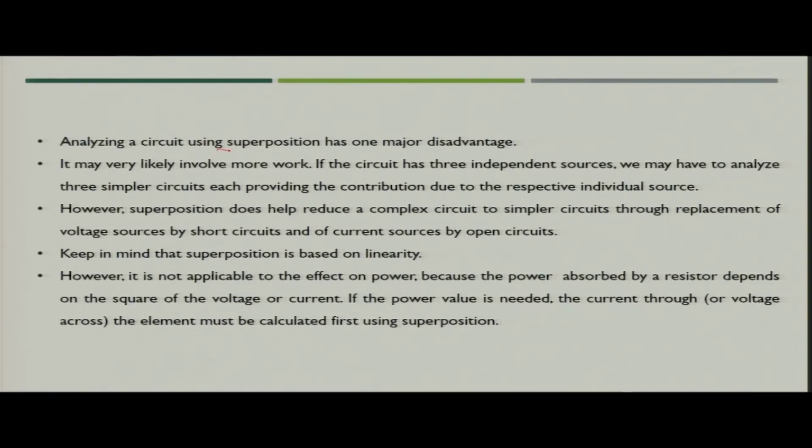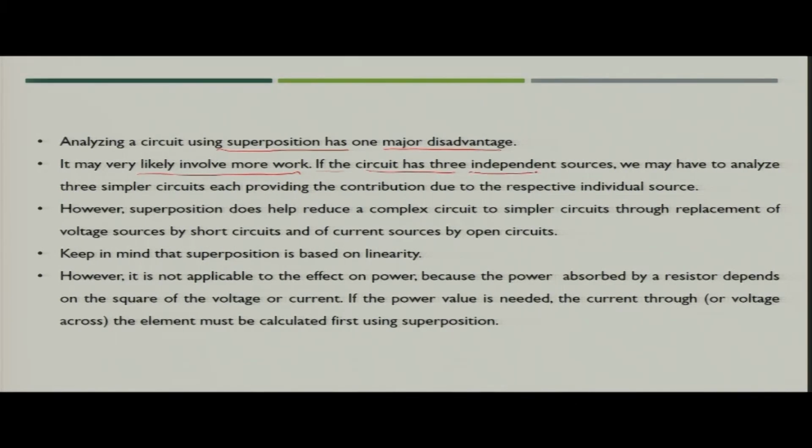Now, one major disadvantage you will see when you apply the superposition theorem is that you need to do more work. The reason is simple: when you apply the superposition theorem, you have to take one source at a time. So, it means that the same circuit has to be analyzed as many times as the number of independent sources in the network.